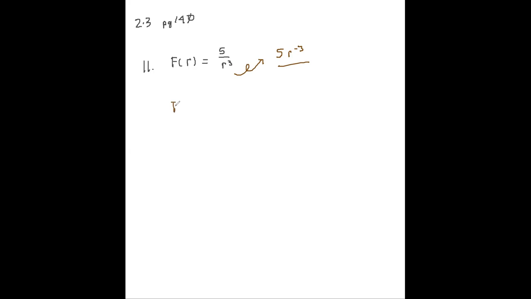So what would f prime of r be? 5 times -3r to the -2. There's one thing missing with this.